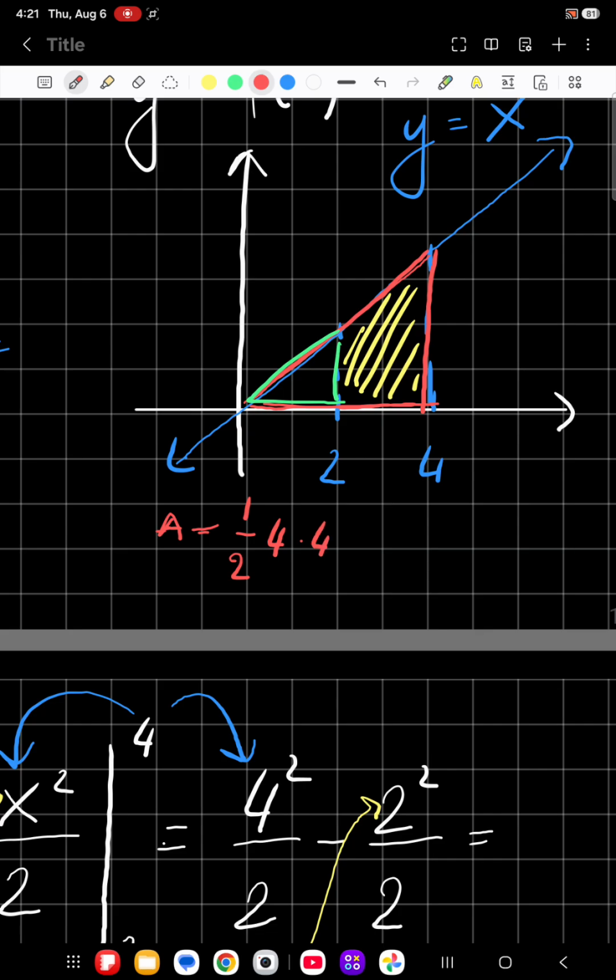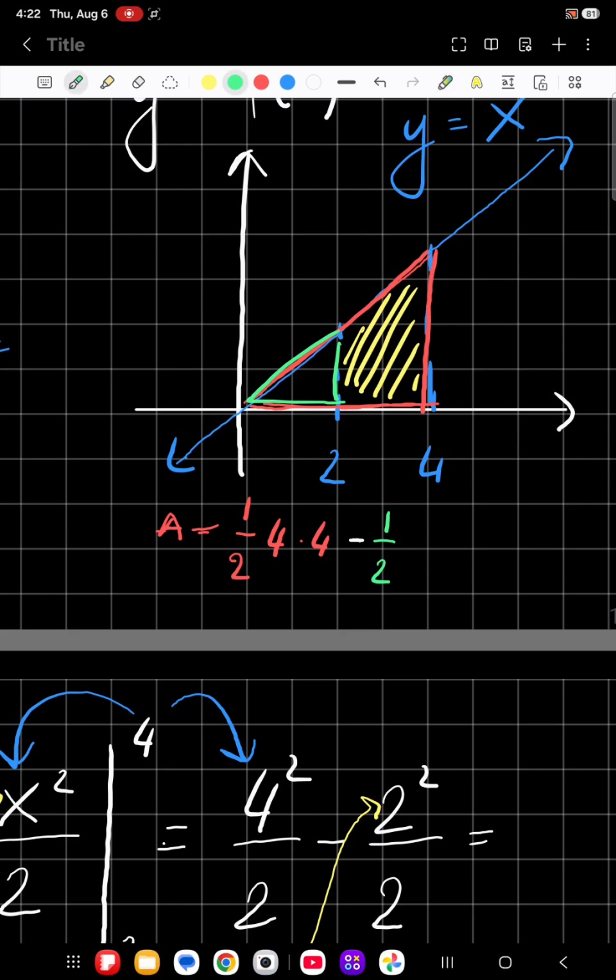Right? And now I'm subtracting the area of the green triangle. So I get half. Base is 2, height is 2. So 2 times 2.